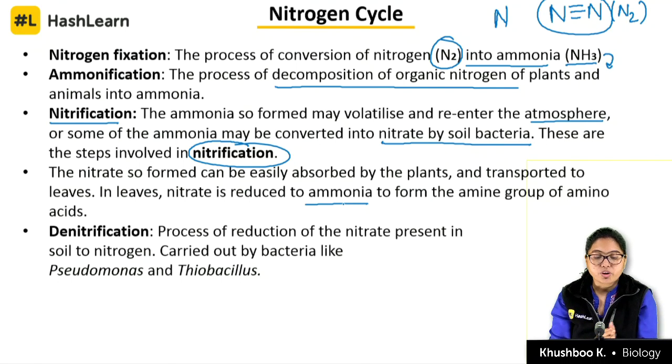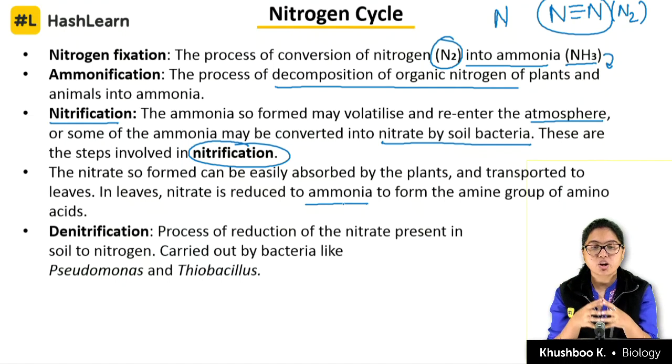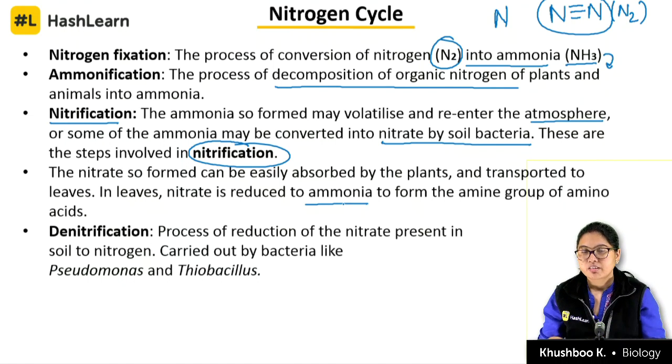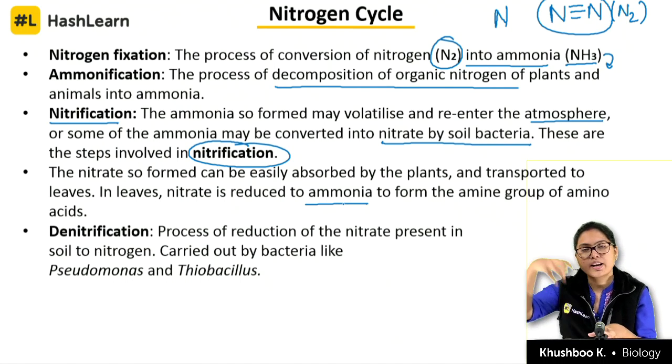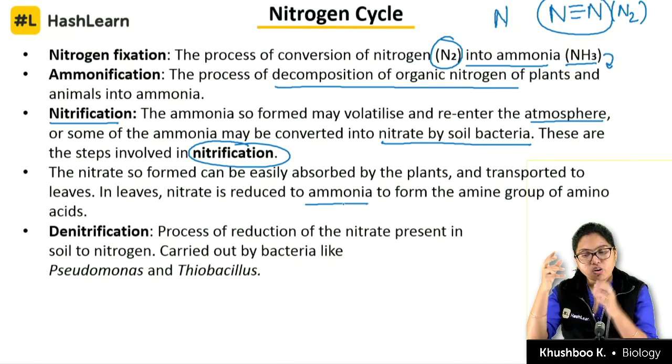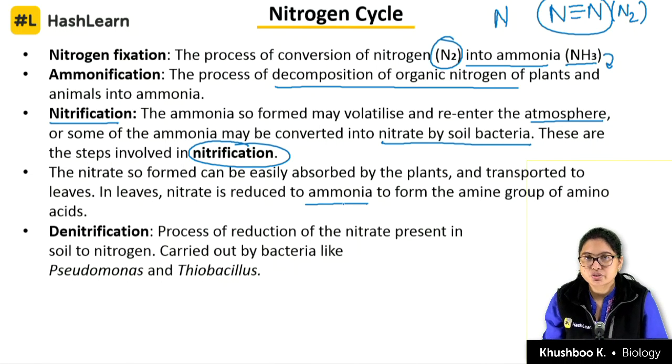Now at the end, the process of reduction of nitrate present in the soil to nitrogen is carried out by bacteria like Pseudomonas or Thiobacillus. These are denitrifying bacteria. In the soil we have the nitrates. Nitrates, on one hand, can be taken by the plant, or they can be released into the atmosphere.